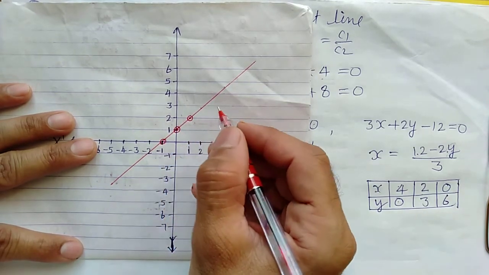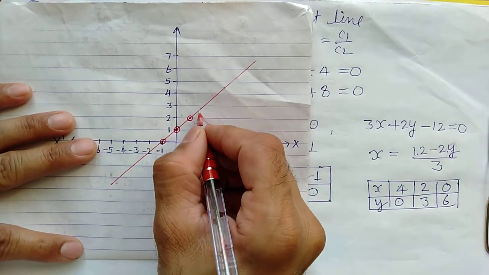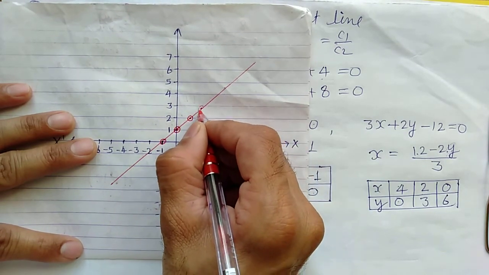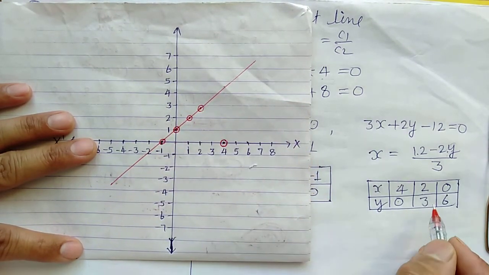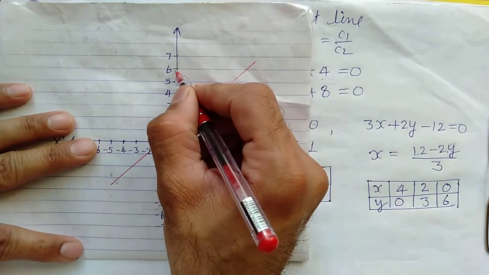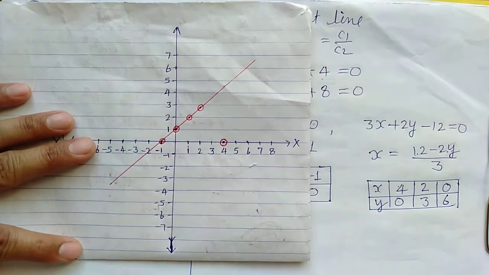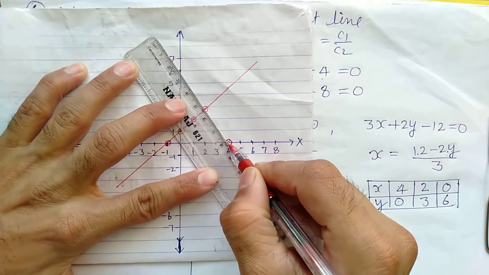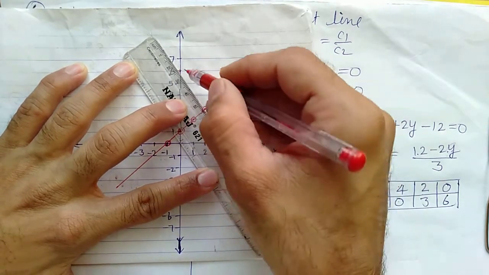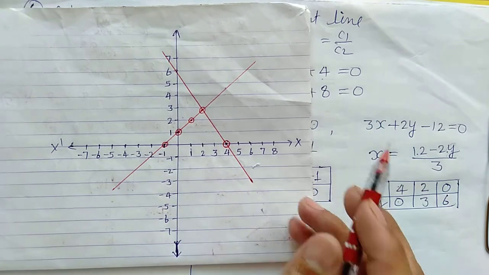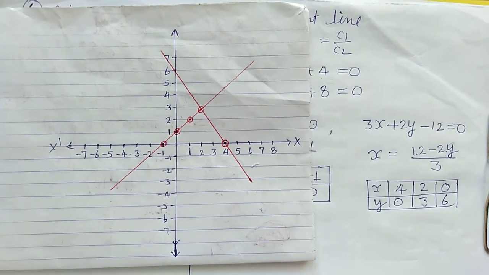So it will come approximately here. And the next point is 0 and 6. The x is 0 and y is 6. It will come approximately here. Let's draw the graph for this one also. This is a line. Can you see?